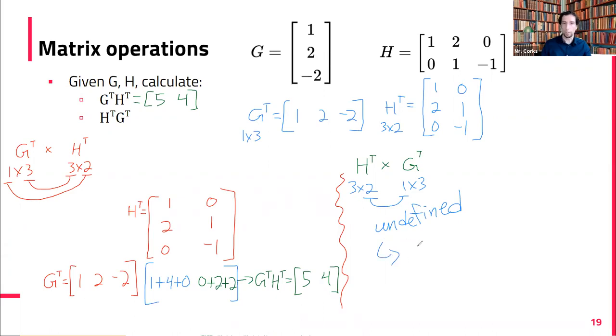And we can even add a reason here, because columns of H transpose not equal to rows of G transpose. So the number of columns and the number of rows don't match. Number of columns of the first one, rows of the second one don't match, so impossible.